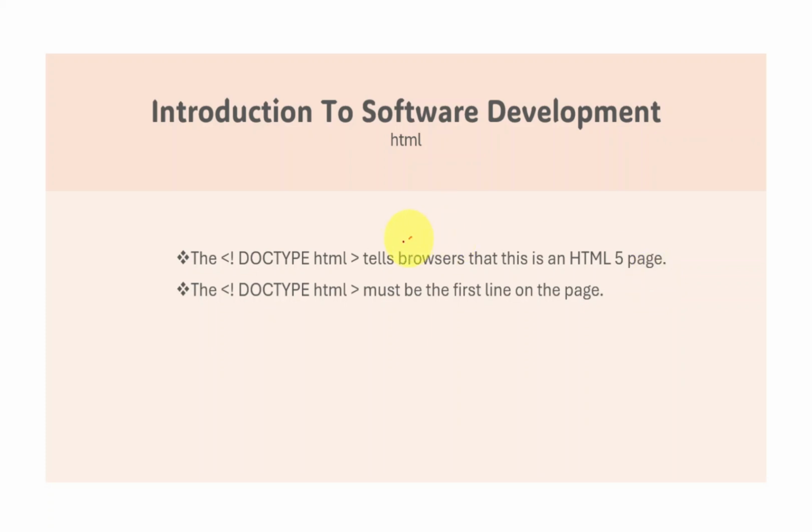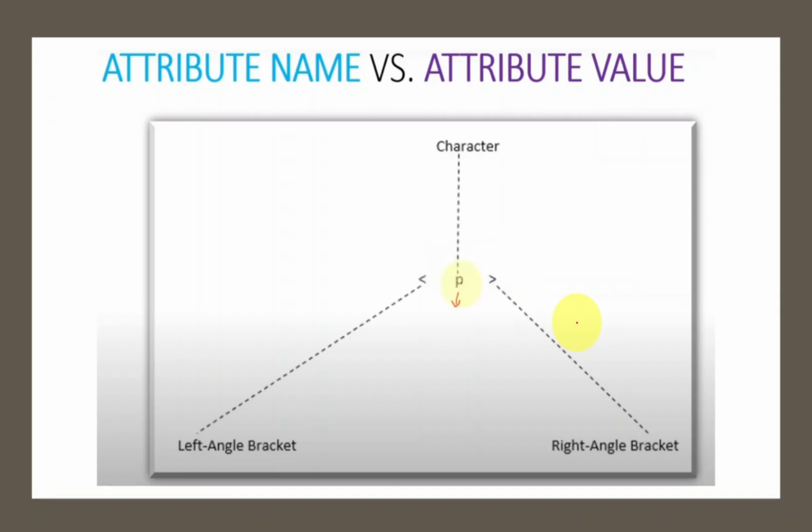When I say browser again, it's like telling Google Chrome or Microsoft Edge that this is HTML5. It must be the first line on the web page. When we do the demo, you're going to understand.